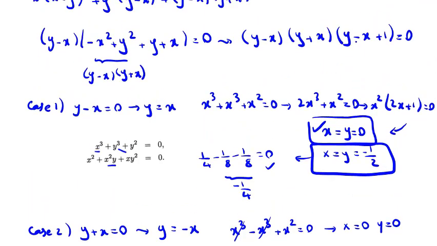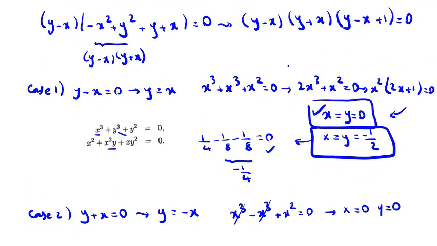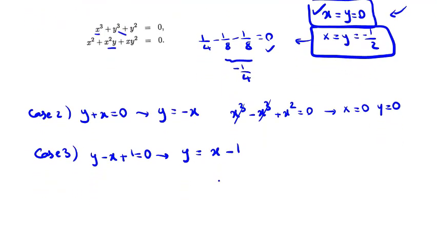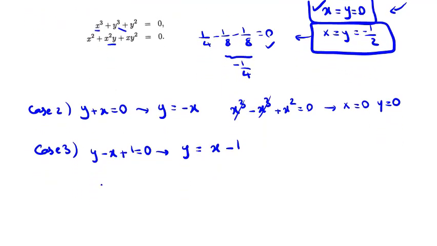And the last case, y minus x plus 1 equals 0. So you can say y equals x minus 1. And then if we replace in the first equation, x cubed plus (x minus 1) cubed plus (x minus 1) squared equals 0.